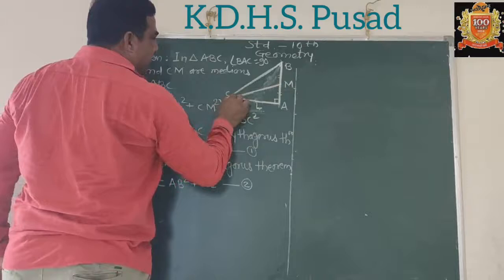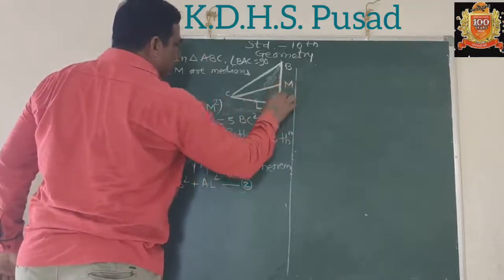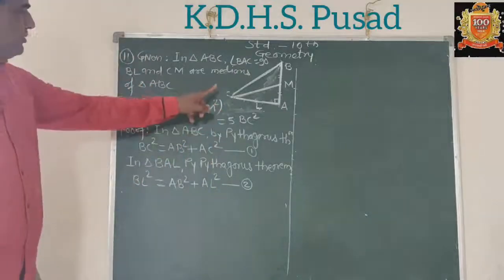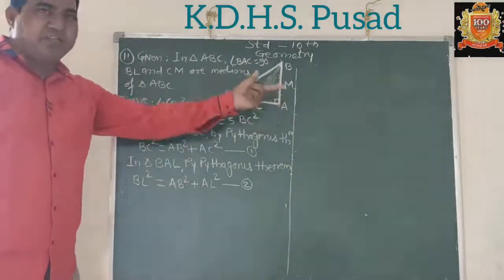Now forget this. Now check this portion. Check this triangle CAM. Again the angle is 90, so you can use Pythagoras theorem.